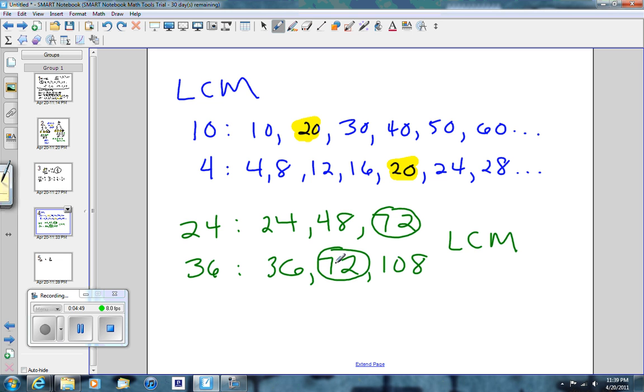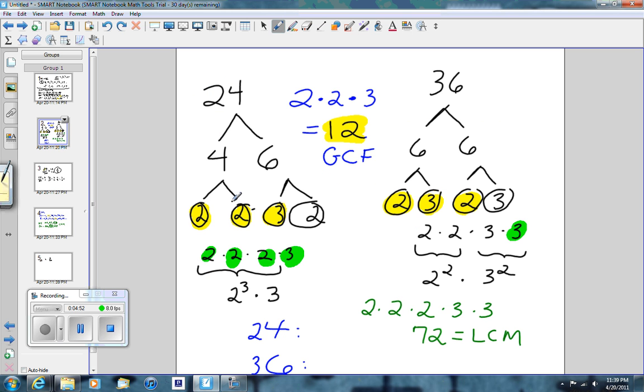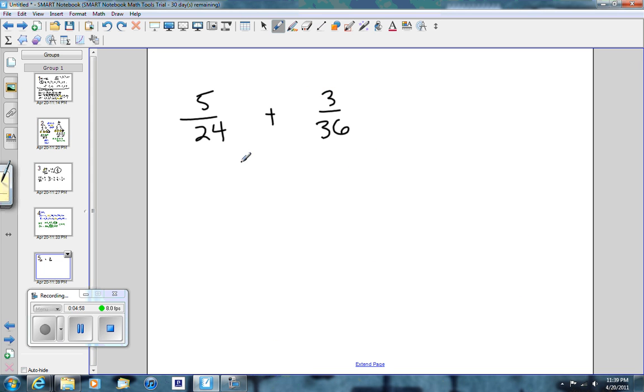We pulled out all the factors that we needed to build those two and got 72. So when we look at 24 and 36, we know that we can bring the denominators up to 72, and we'll be able to add them together. So we know that's the least common multiple that they share.